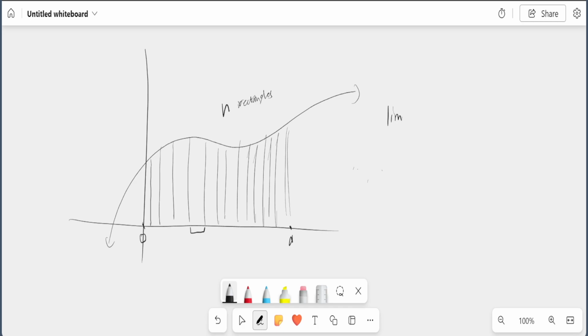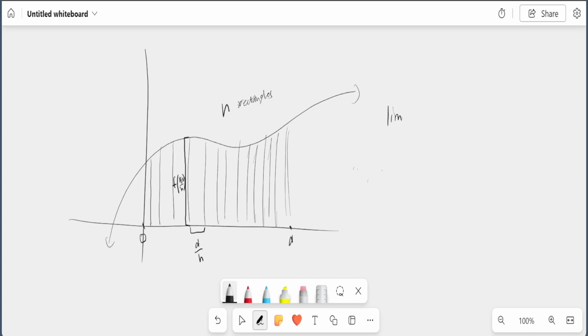So each rectangle would have a length of a over n. And if we multiply those by the height, this would just be f of k times a over n, for some constant k.